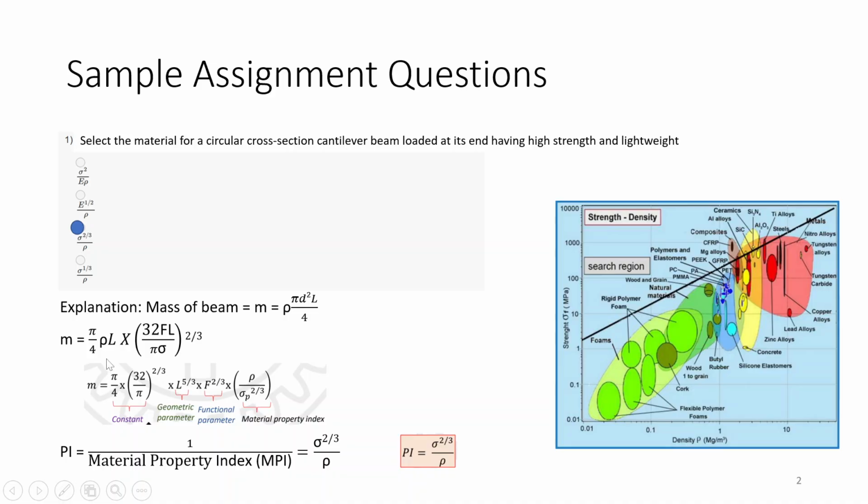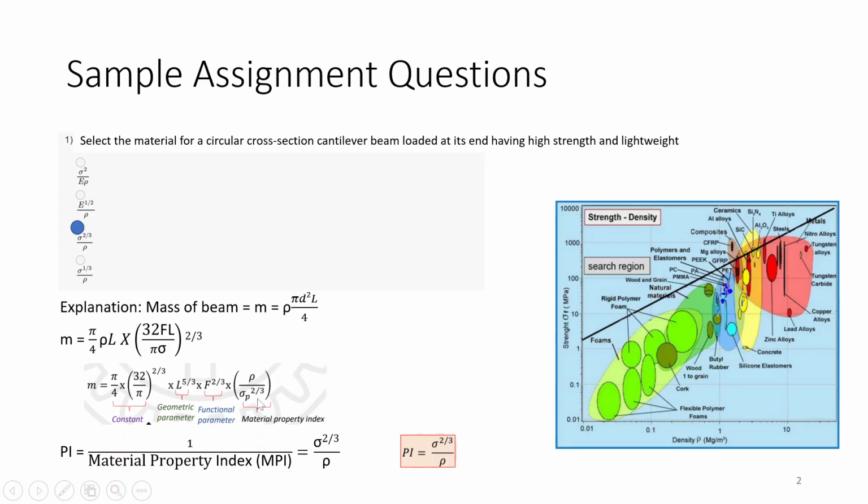Then we segregate these: constants at one place, geometric parameters such as length, width and thickness at another, and functional parameters such as force and pressure separately. And finally the material property, which depends on changing the material.